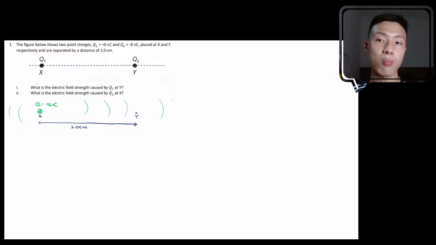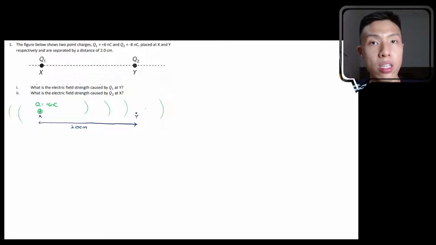What happened here is the surrounding of Q1 will have an electric field that is produced by point charge Q1. So because position Y is a position that is around point charge Q1, position Y should have an electric field caused by Q1.